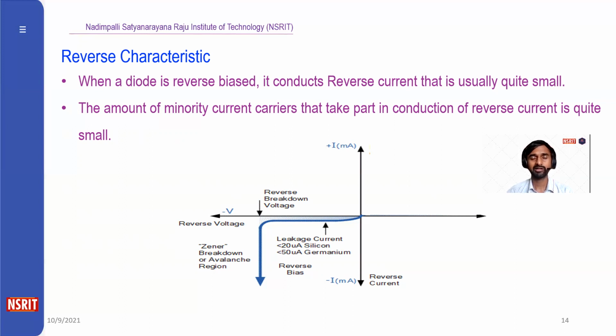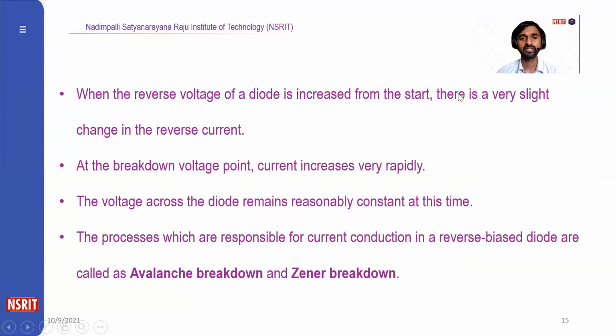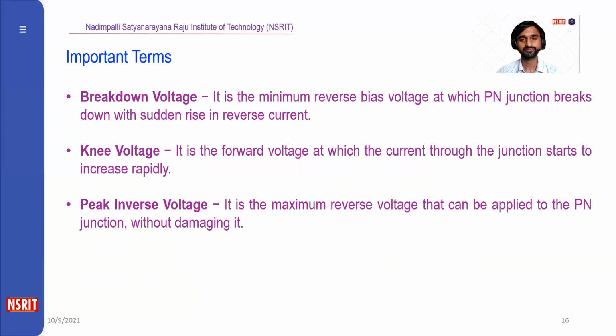Breakdown occurs in a diode due to two effects: one is Zener breakdown and the other is avalanche breakdown. These two phenomena result in breakdown in a PN junction diode under reverse bias. So these are the forward and reverse bias characteristics of a PN junction diode.